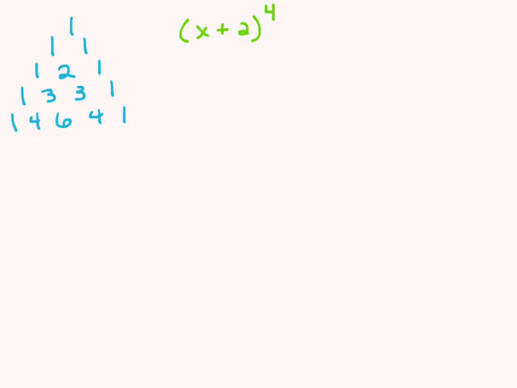All right, so my coefficients are going to come from this row of Pascal's triangle, the 1, 4, 6, 4, 1. And so I'm going to have 5 terms here. My first term is going to have a coefficient of 1. Then we're going to have x to the 4th times 2 to the 0.